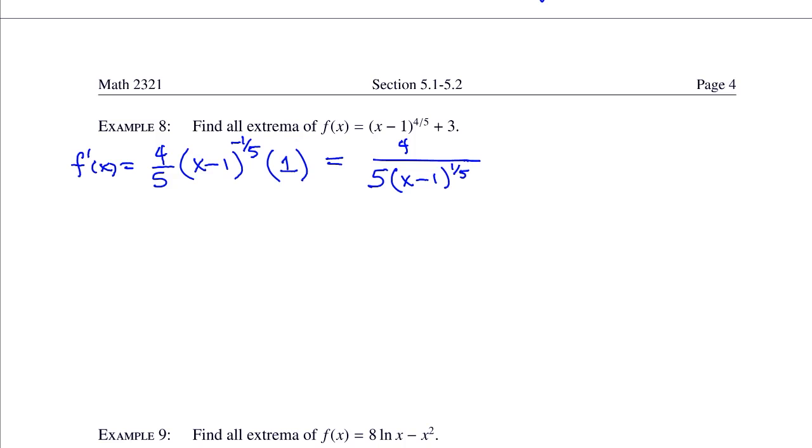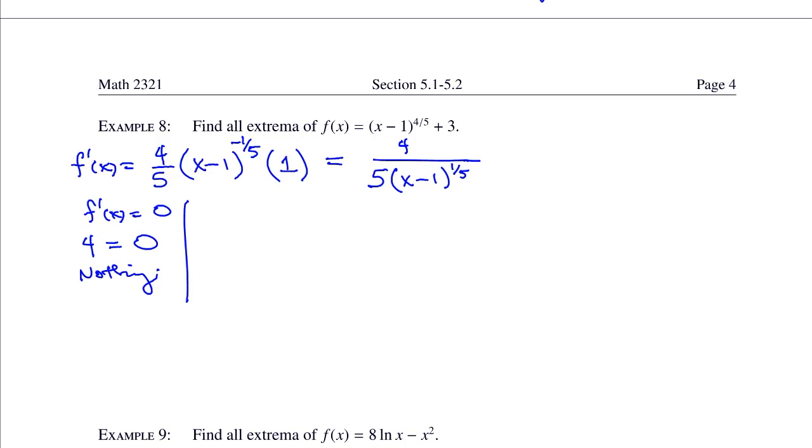We need to find the critical values. There are 2 ways to find critical values. Set the derivative equal to 0. If we were to set f prime of x equal to 0, that would result in the numerator being equal to 0, which is no solution. So nothing to gain there.